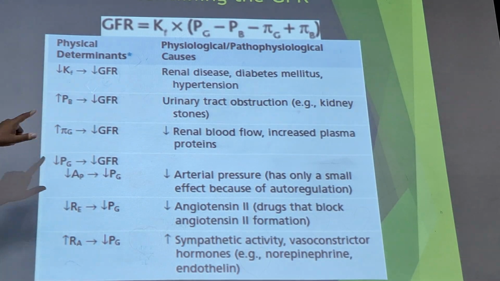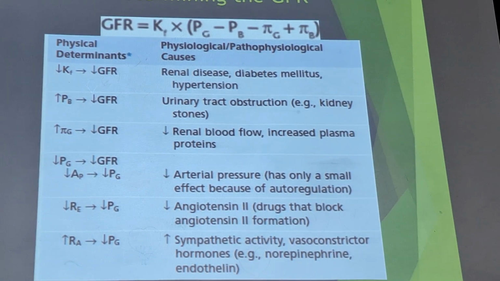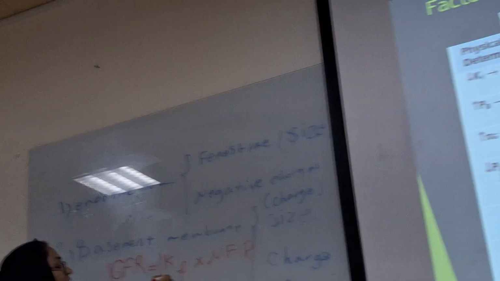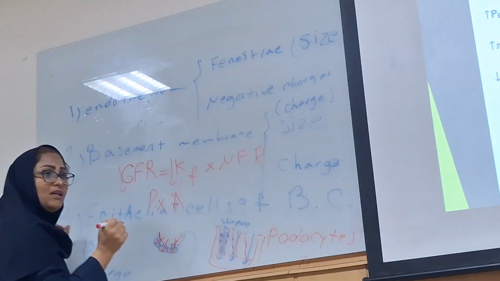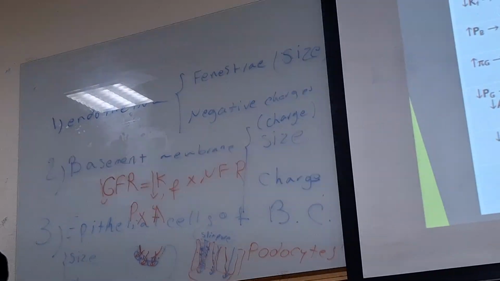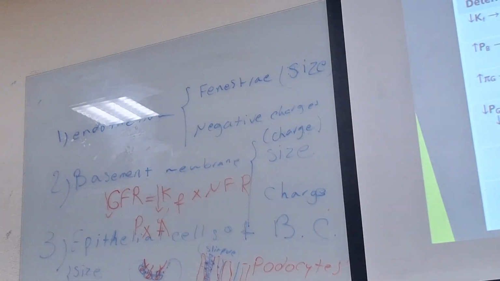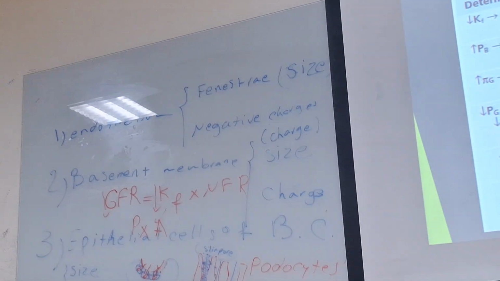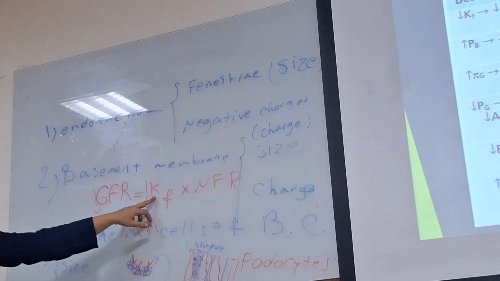All of these diseases affect the structure of capillaries, because KF depends on permeability multiplied by surface area. Any condition with a negative effect on the renal vascular system decreases GFR because it decreases KF.